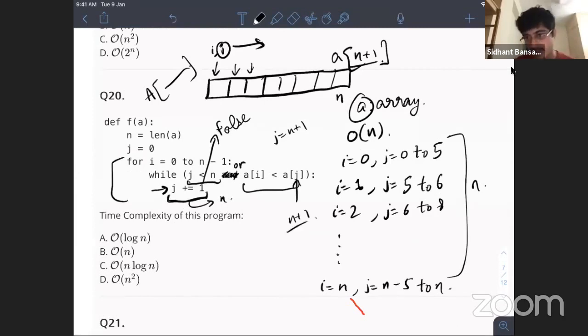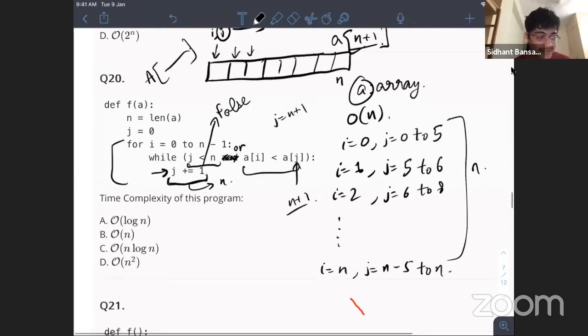Then it might be that this thing works worse. But it would still be bounded by the length of the array, whatever the declared length is. Does everyone get this? So when it's or, it should still be order n, assuming that the array is of size n and not n square or 2n or 5.